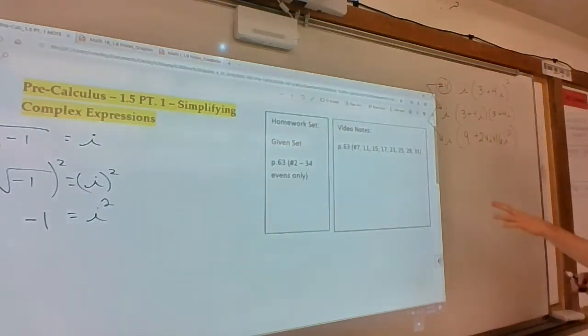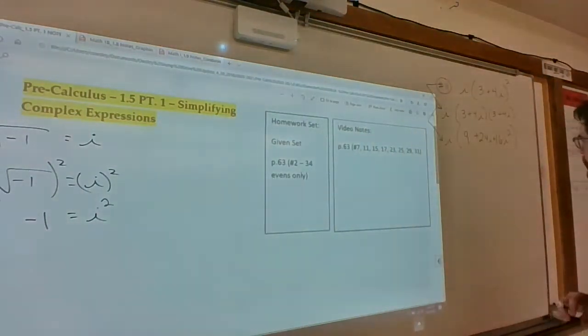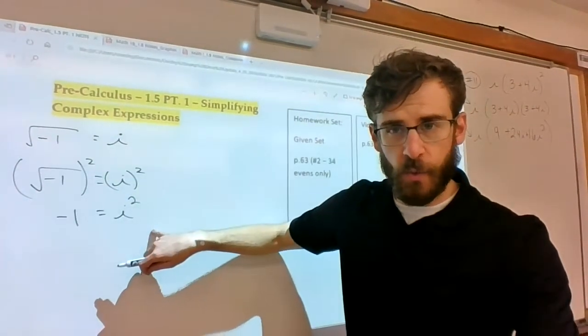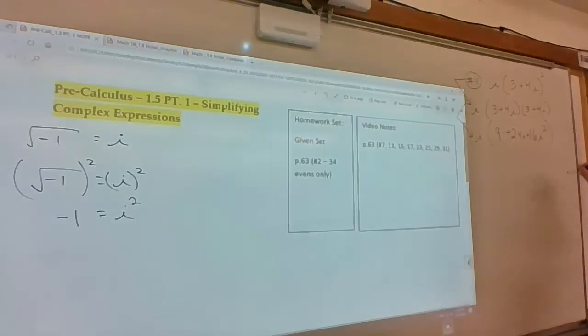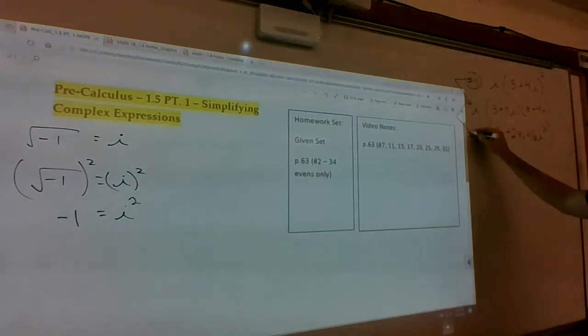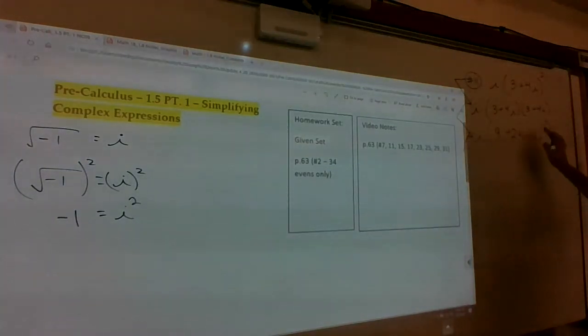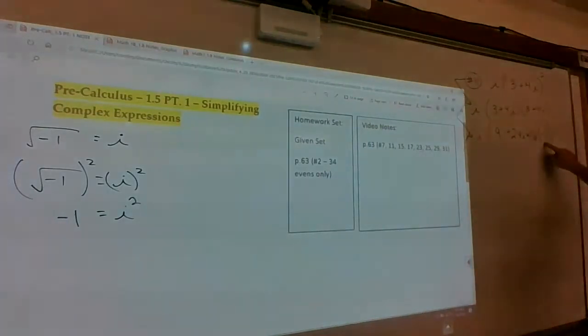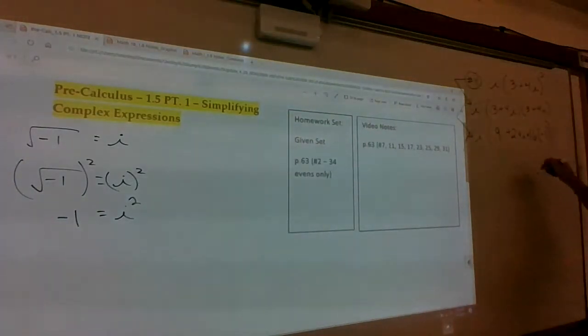At this point, you guys can do one of two things. You can go back here and say, hey, negative 1 equals i squared, and replace the i squared right away. So I'm going to do that. Let's just erase the i squared and put a negative 1 in place of it.